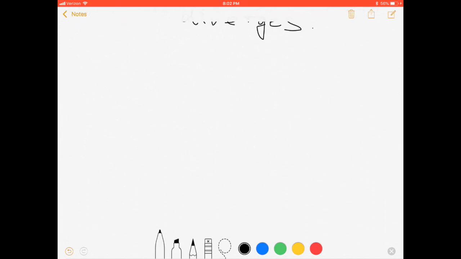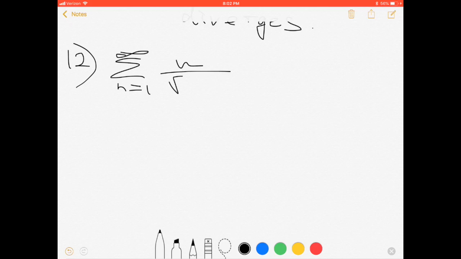Okay. Second example, number 12. Here we have the series starting from 1 to infinity of n over the square root of n squared plus 1. Here we try to use our n-th term test.